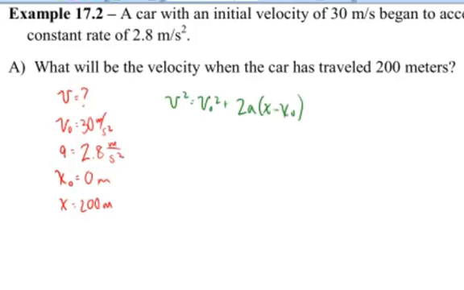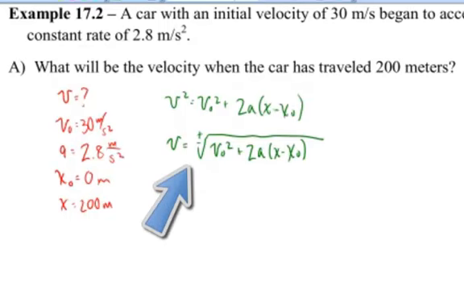Now that third equation is written in terms of v squared. In order to find v, I am going to take the square root of both sides. Now here's a subtle point. Whenever I take a square root, I create a positive root and a negative root. Frequently, one of those roots will be realistic and the other one will not be.